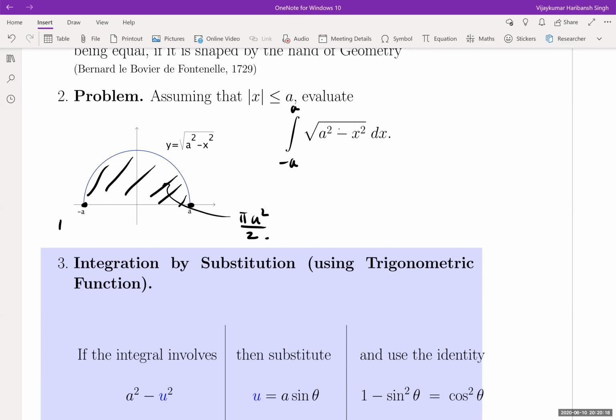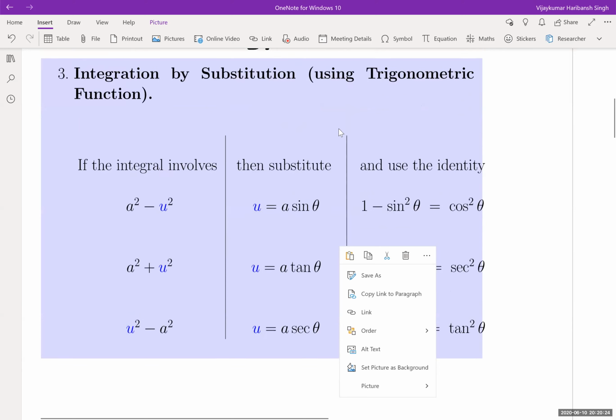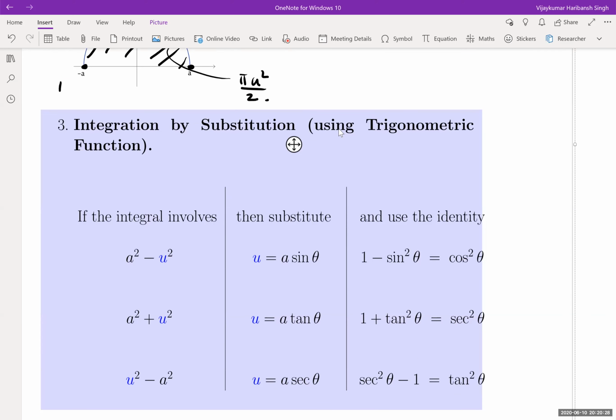Okay. So we'll do this problem here to find out exactly is it true or not. But before that, let's see what kind of substitution we should do. If you have a square minus u square, you do the substitution u equals a sine theta, and then convert 1 minus sine square theta as cos square theta.